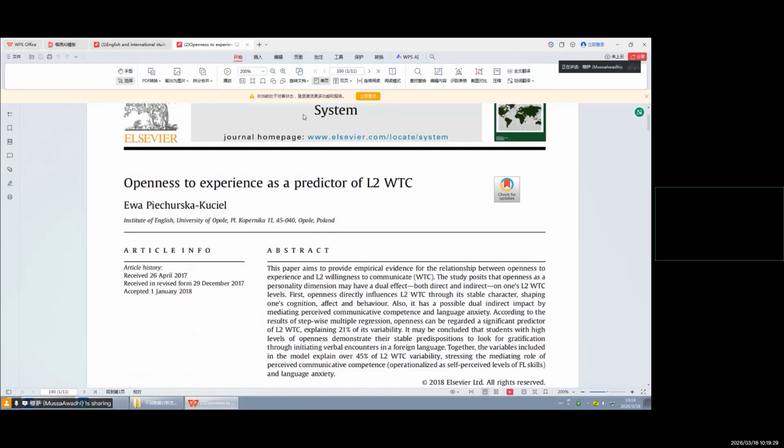Now you go through this article and you do not have to pay attention to the details. You just see what method is used, what data analysis is used. So now you take a look.